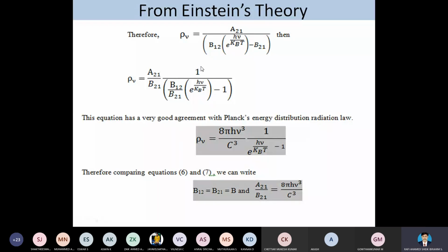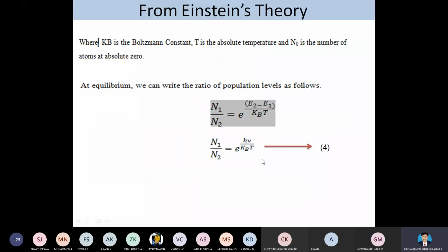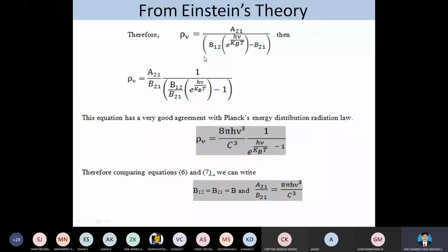Now we can see the changes. I will stop up to this. The remaining we will see in the next class, because we have to expand the term, compare the term with another constant, and write the final result.